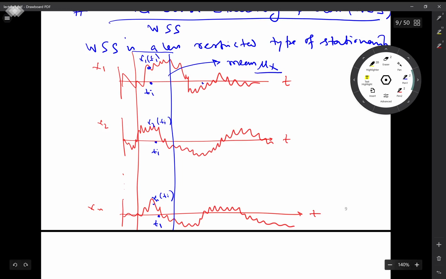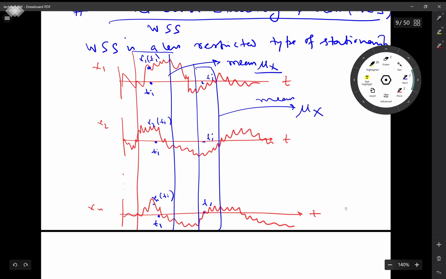That means if you take another interval tj, another point tj, and you take the mean of it, again the mean will be mu x. So that means the mean is independent of time.